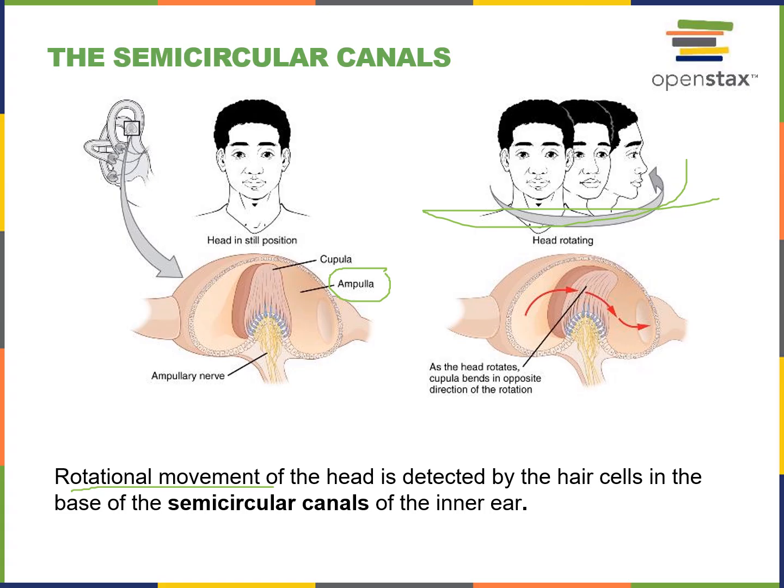You have endolymph. When the endolymph moves, it drags against the hair cells in here. And again, these hair cells trigger an action potential, which is then sent to the brain. The minute details of all of this, we don't teach at this level. In a more advanced class, you'll learn that.